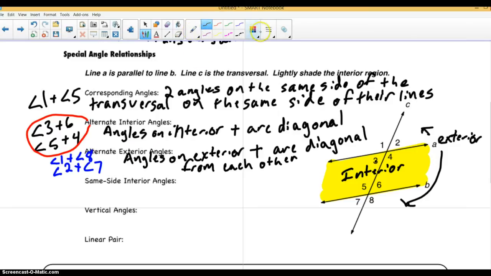Our same side interior, those are angles on the interior and are on the same side of the transversal, so that would be angles 4 and angle 6, and then angle 3 and angle 5.